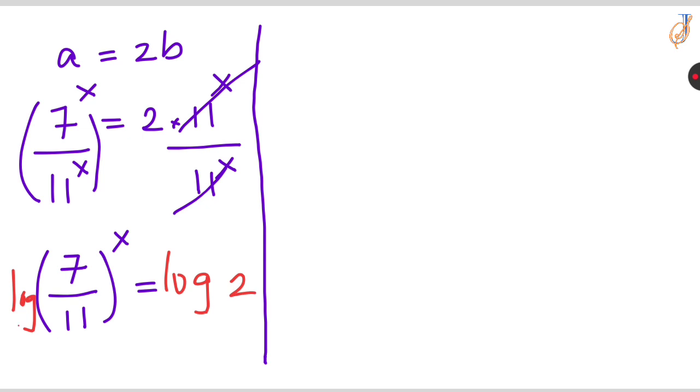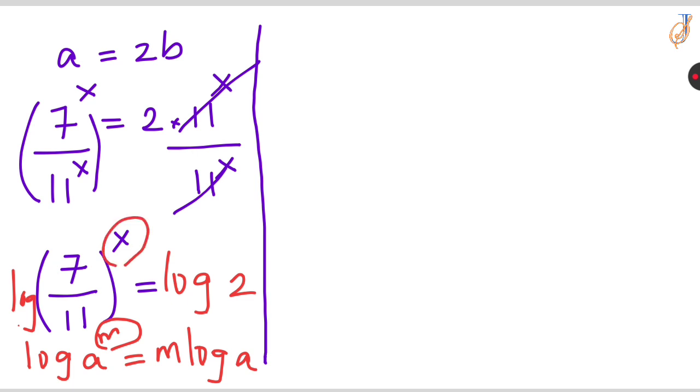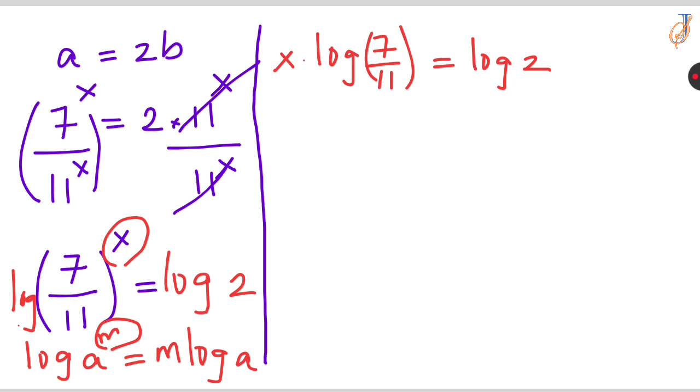Observe the LHS. It is in the form of log of a power m. What is the logarithm formula? m times log a. So m is nothing but x. So we can write this as x times log 7 over 11, that is equal to log 2. Now observe this log 7 over 11.